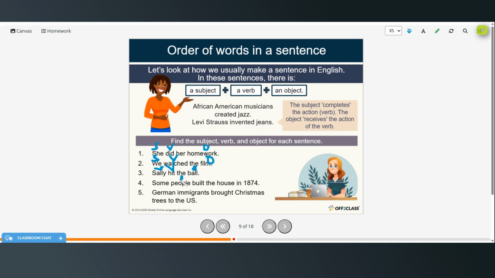So people built, and the house is the object. German immigrants brought Christmas trees to the United States. So German immigrants is the subject, brought is the verb, and Christmas trees are the object.